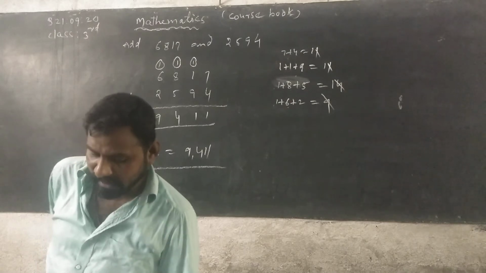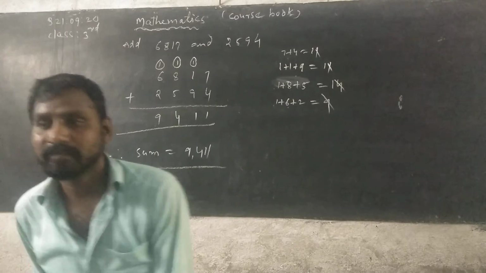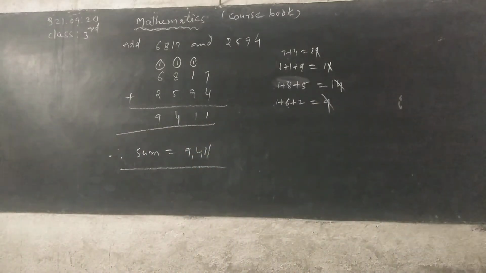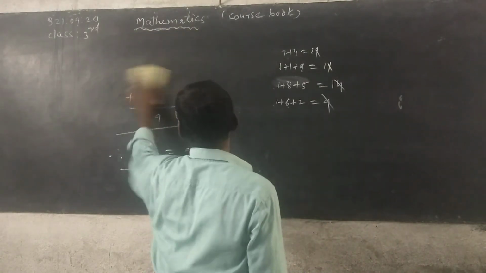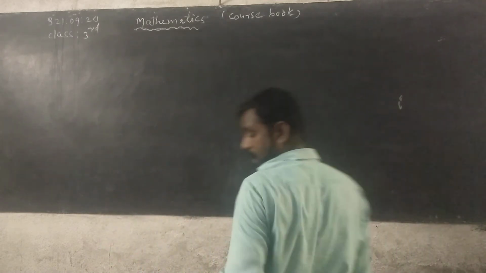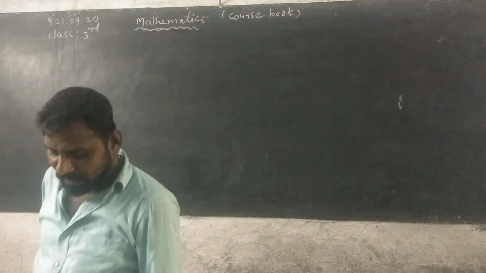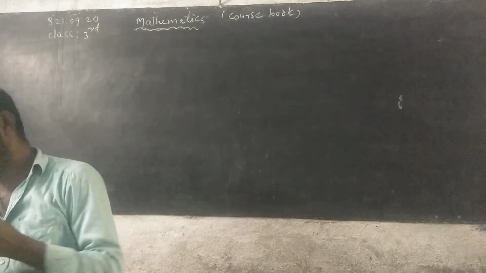Now next, problems on addition of 4-digit numbers. Page number 37. See here.